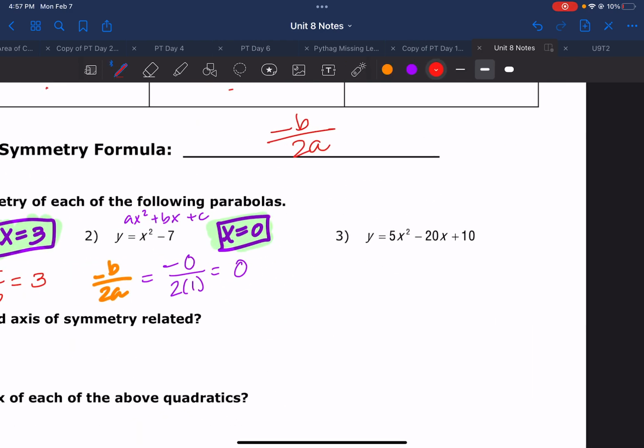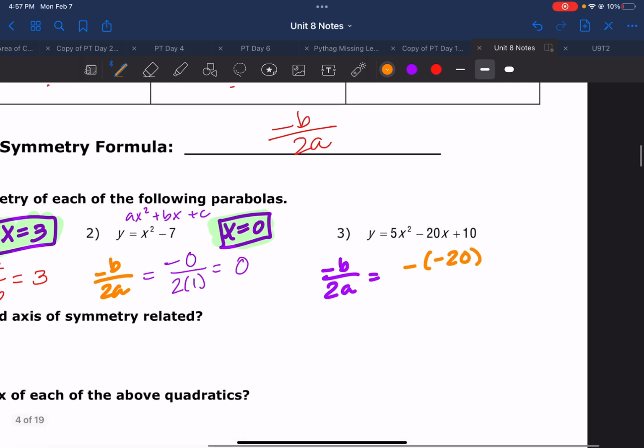Again, negative b over 2a. Let's go and fill it in. We have a negative 20 in this case, because that's my b value right here. So it's a negative, that was already in the formula. And then we have a negative 20 over 2a, which is 5. All right, let's simplify.